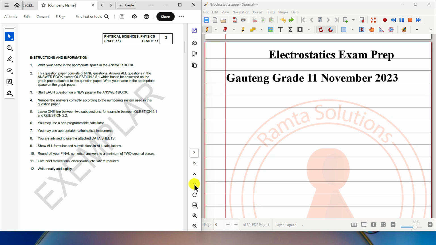Instruction number 9, show all formulas and substitutions in all calculations. That's very key. Instruction number 10, round off your final numerical answers to a minimum of 2 decimal places.